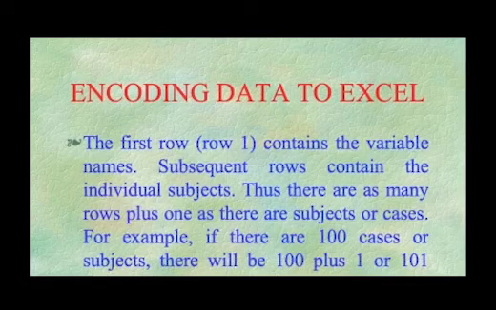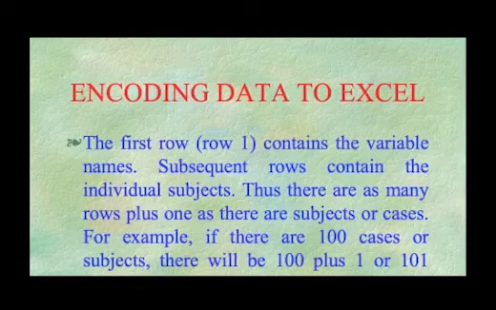The first row, that's row 1, contains the variable names. Subsequent rows contain individual subjects. And so there are as many rows plus 1 as there are subjects or cases.